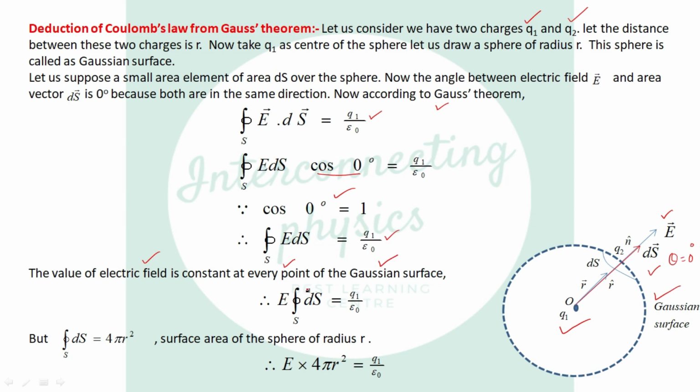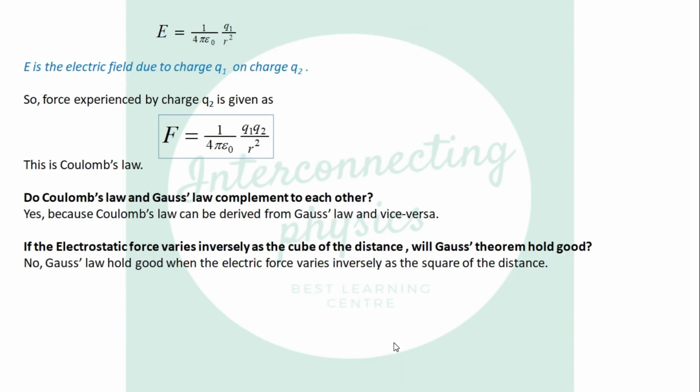So E can be taken out from the integration. So it is E times closed integration of ds, and closed integration of ds is the surface area of the sphere, which is 4 pi r square. So E into 4 pi r square equals q1 over epsilon naught, and E is 1 over 4 pi epsilon naught times q1 over r square. So this is the electric field of q1 on q2. Means q2 is experiencing the electric field of q1.